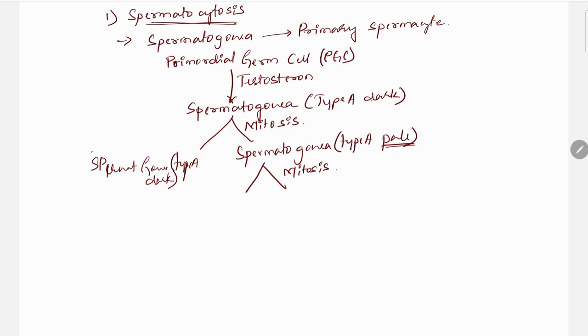This spermatogonia type A pale cell will undergo mitosis again to form spermatogonia type B cell.